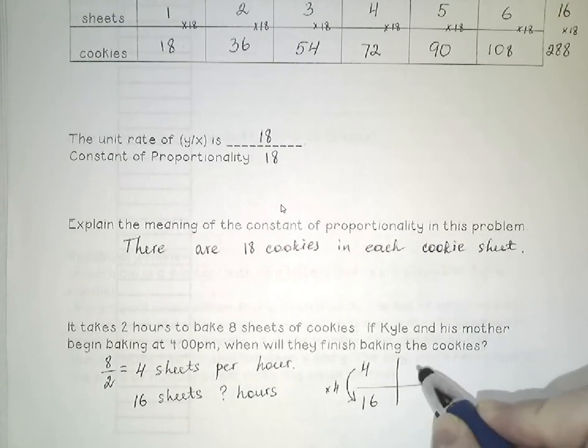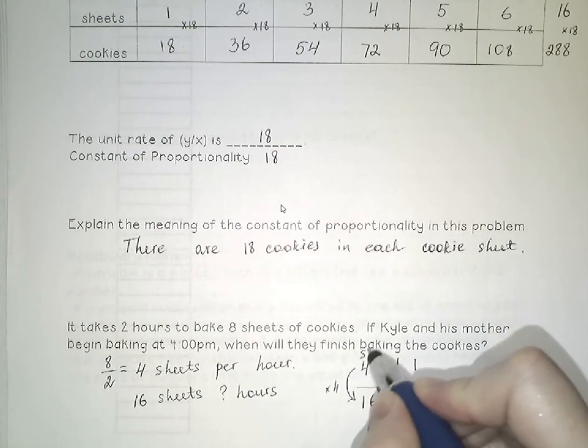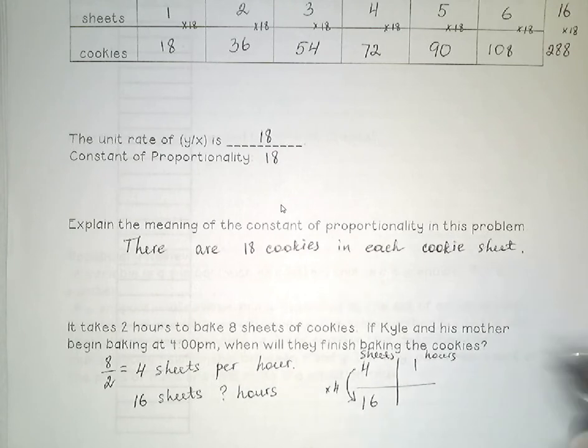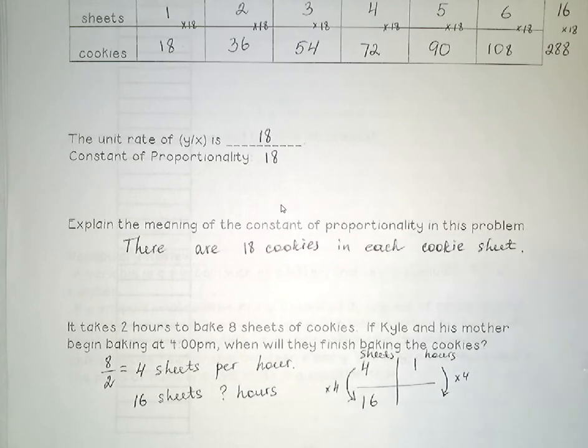So we have 1 hour here, so these are sheets and these are hours. So we need to multiply the hours by 4, and that will give us 4 hours. So it takes 4 hours to make 16 sheets of cookies.